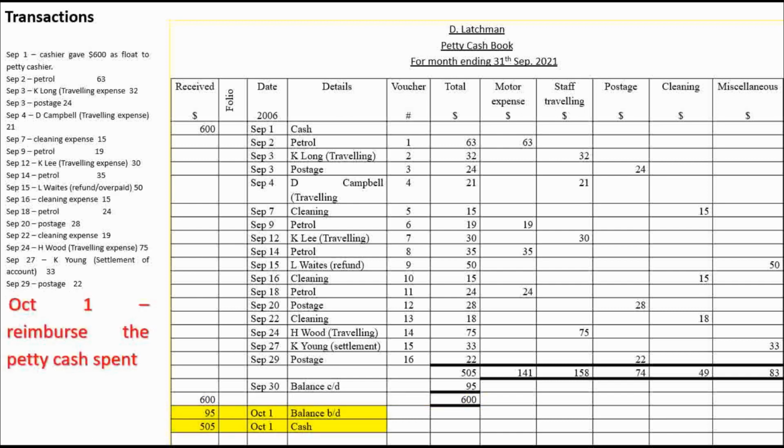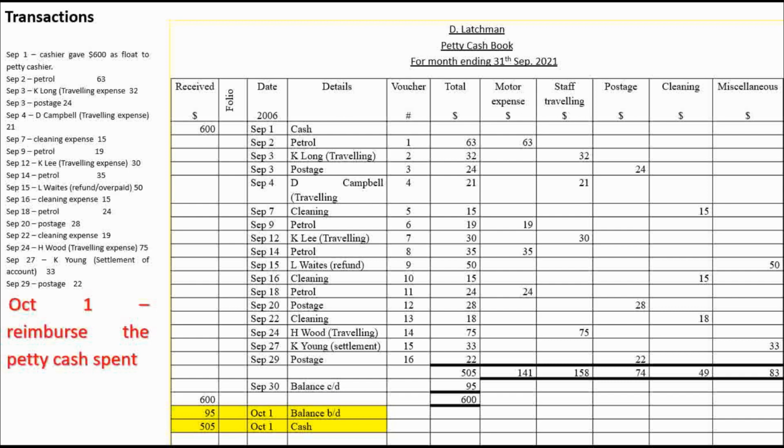So the transaction stated on the 4th of October, reimburse the petty cash spent. This is saying that the supervisor or the cashier will give back to the petty cashier, or reimburse the petty cashier, the amount that was spent. So the money that was brought down from September into the new month, which is October the 1st, is $95.